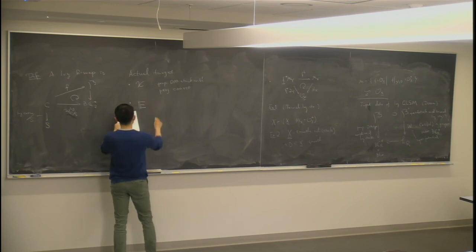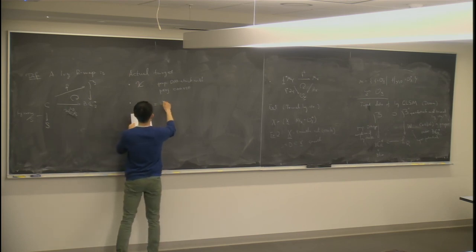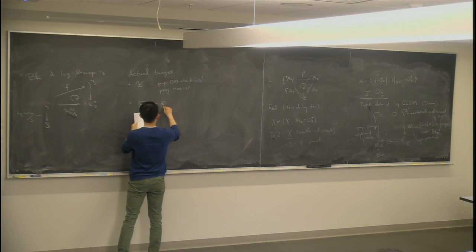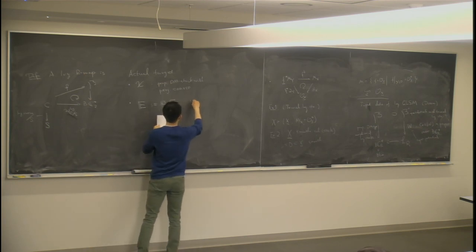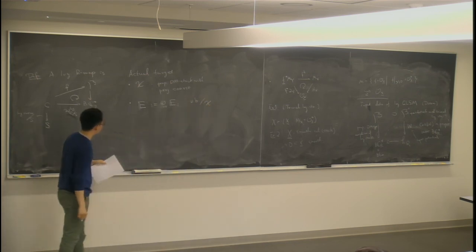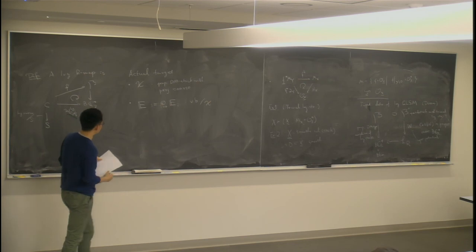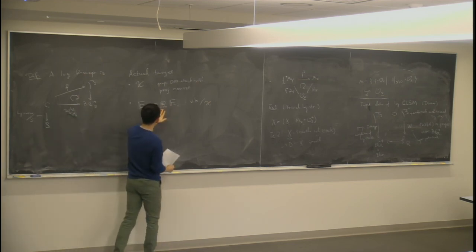Now we need a vector bundle over the orbifold, or the DM stack, and it has a positive grading given by i, where i is some integer.